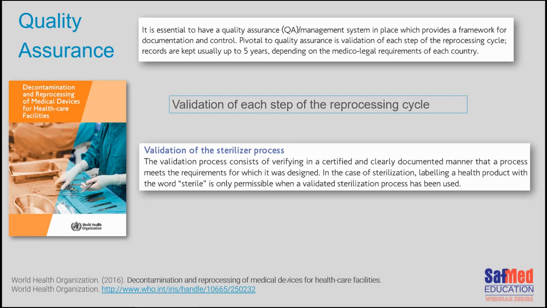Validation is verifying in a certified and a clearly documented manner that a process meets the requirements for which it was designed. So we want to be able to prove that the relevant sterilization parameters were met. So if a device was going in the sterilizer, whether it's steam or hydrogen peroxide or EO, that it was exposed to the sterilant for the right amount of time at the right temperature under the right conditions for that sterilization process.